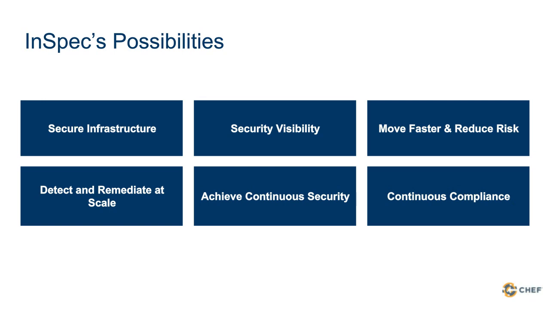And InSpec can provide that automation for you, as well as if there is a new threat that comes up in the wild, in a CVE, just knowing where the problem exists can be cumbersome. So with InSpec, you can test the state of things at scale and find out where things need to be remediated.